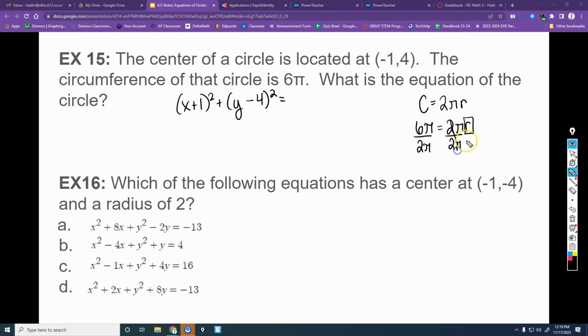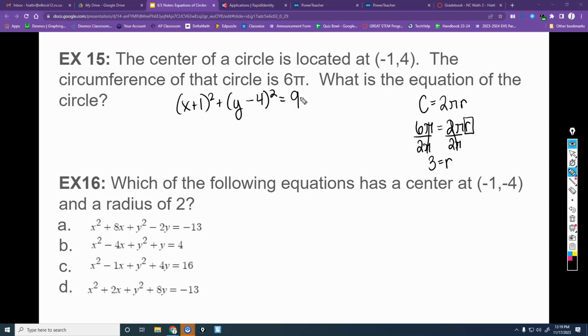And so for this, the 2 pi's cancel. The pi's also cancel because I have a pi on top and pi on bottom. This is just going to be 6 divided by 2, which is 3 for my radius. So my radius there would be 3, and that means I would have a 9 right here.